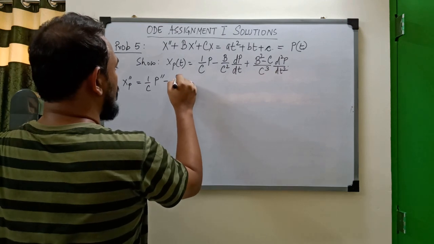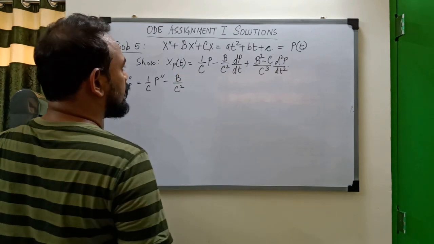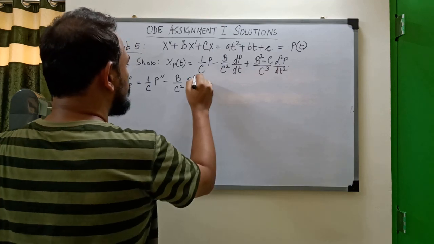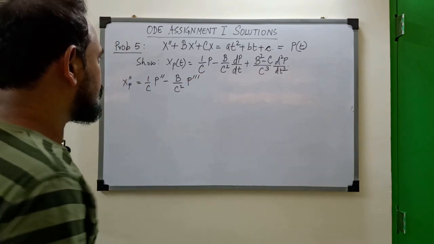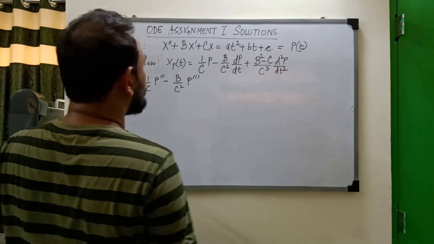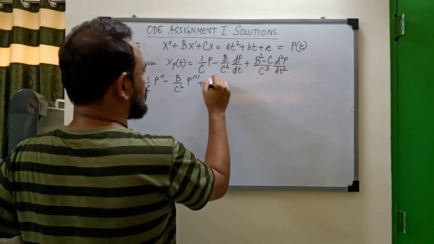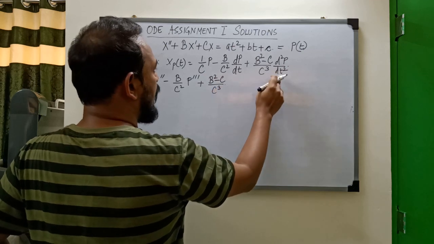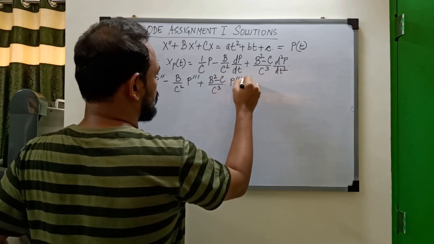Minus capital B over C square, I get a triple differentiation of P because this has been differentiated once already. And B square minus capital C over C cube, I will get a 4-time differentiation of this.